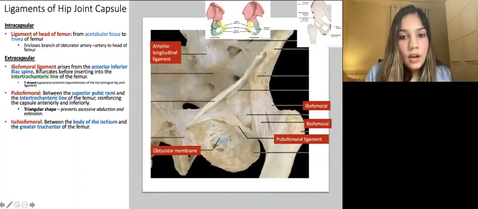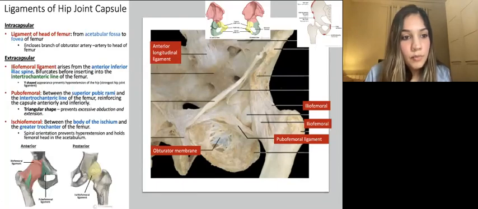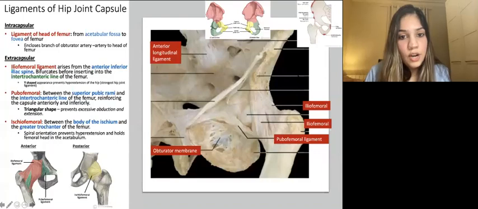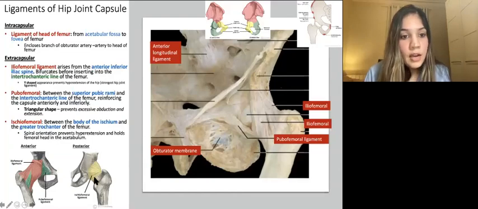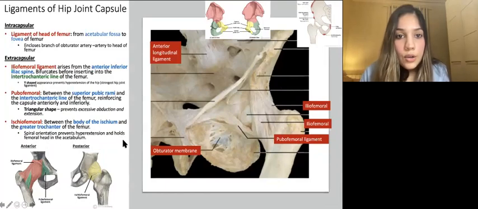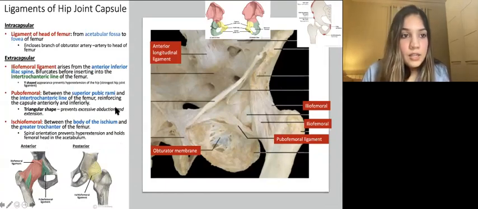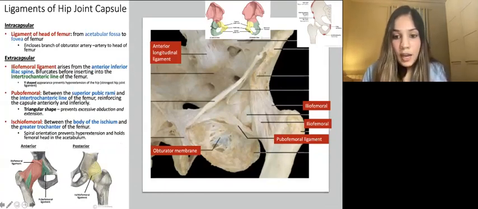And then we have the ischiofemoral ligament, which lies posteriorly, so you can't appreciate it on this image. It lies between the body of the ischium and the greater trochanter of the femur. So these are the main ligaments of the joint capsule.